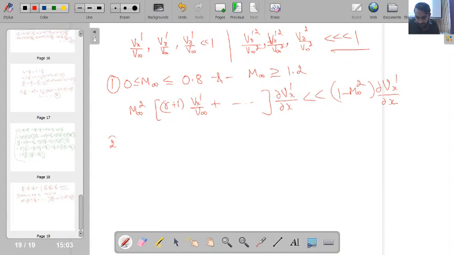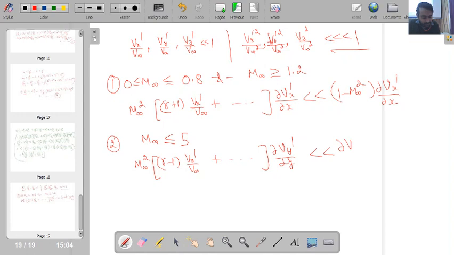Similarly, if my Mach number M infinity is less than or equal to 5, then for that situation also I will be finding M infinity square times (gamma minus 1) vx dash by V infinity plus so on, times del vy dash by del y, will be very small in comparison to del vy dash by del y.